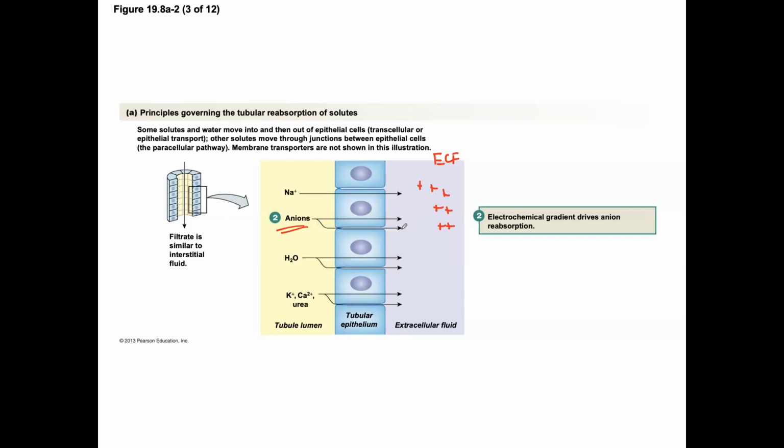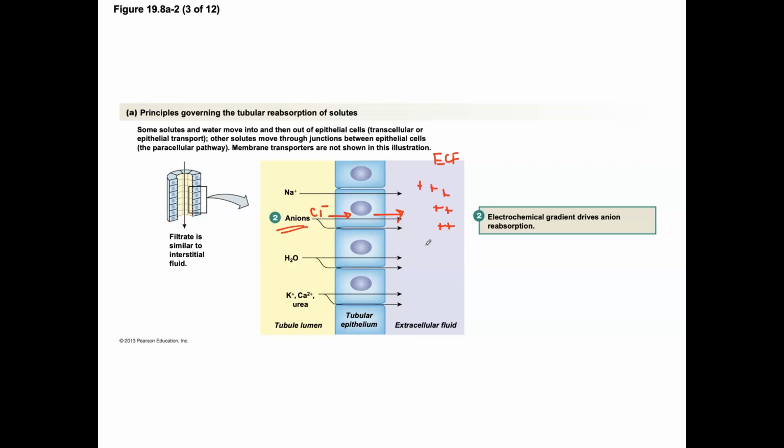So we are essentially allowing for opposite charges to be attracted. So perhaps a chloride that's attracted to the positive charges in the extracellular fluid. So we're moving those negatively charged anions across the epithelial cells, and so we're getting reabsorption of those anions.